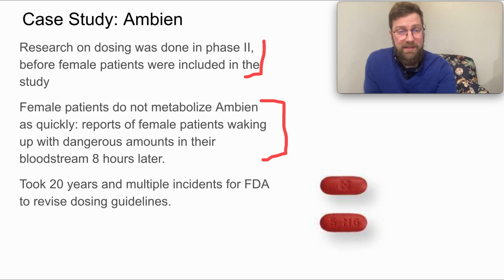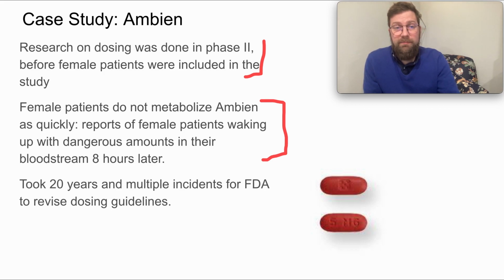So it took multiple incidents, and it took 20 years to recognize this pattern of over-prescribing a dosage of Ambien for women before they finally revised dosing guidelines saying, look, if you are a female patient rather than a male patient, you should be receiving a lower dose of this drug so your body will be able to metabolize it within 8 hours.